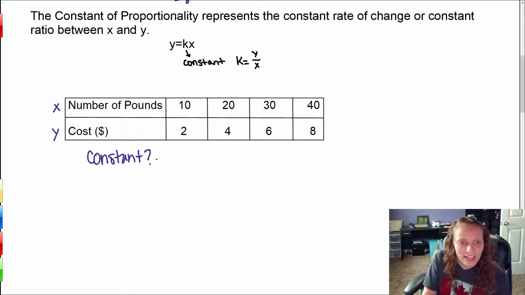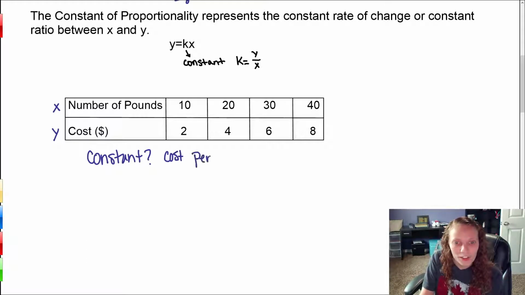In this case, the constant would represent the cost per pound. Very similar to unit rates as well. So we're going to do y over x. For the first one, it'll be 2 over 10.